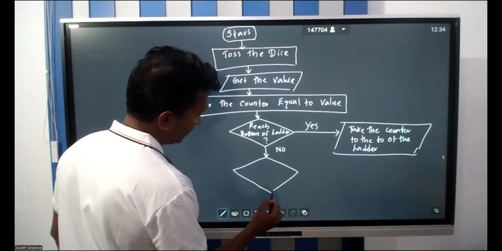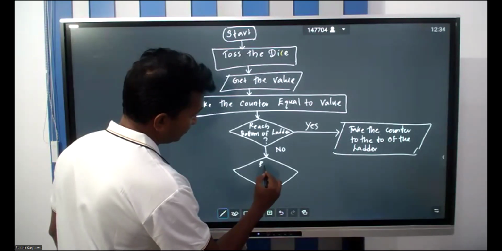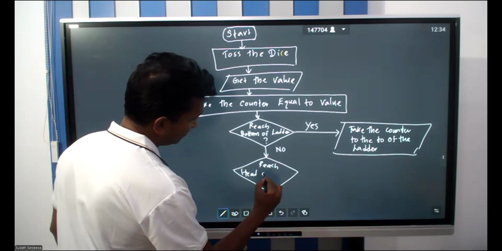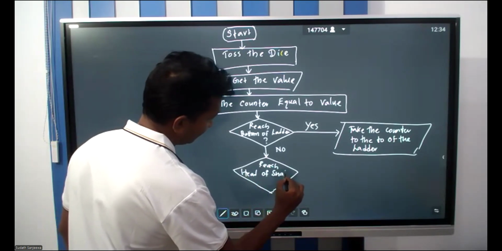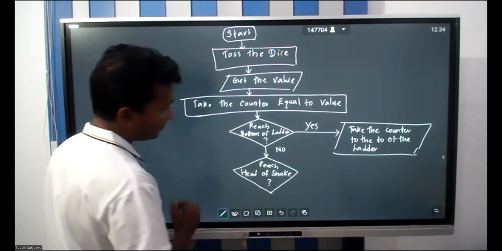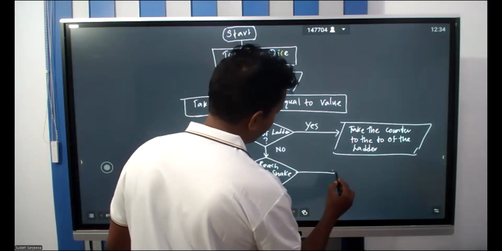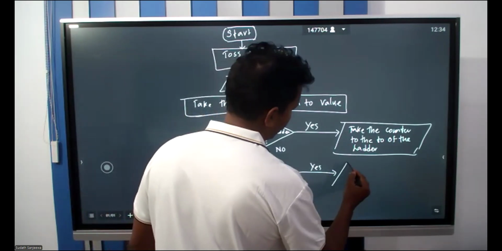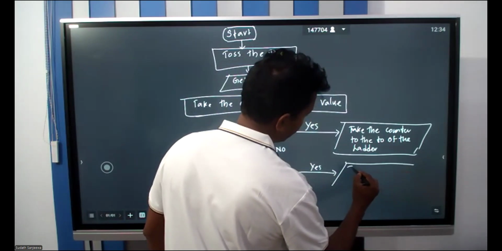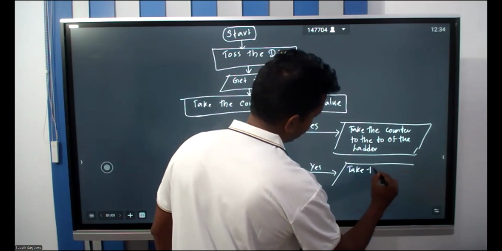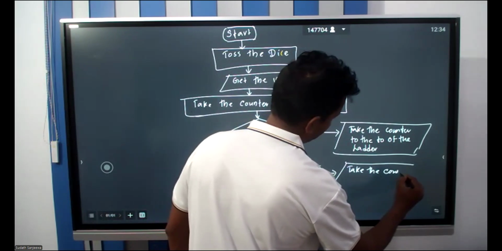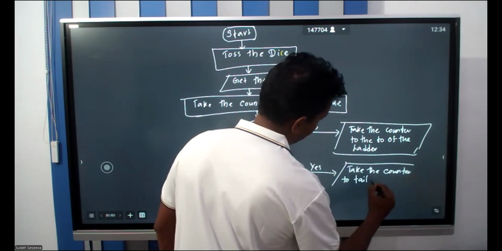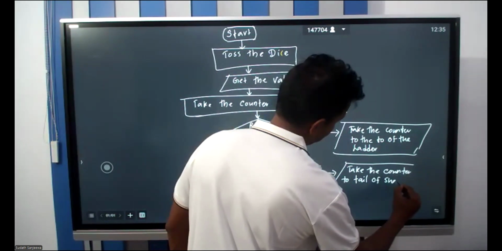If it reaches the head of the snake, right? We have to move or take the counter to the tail of the snake.